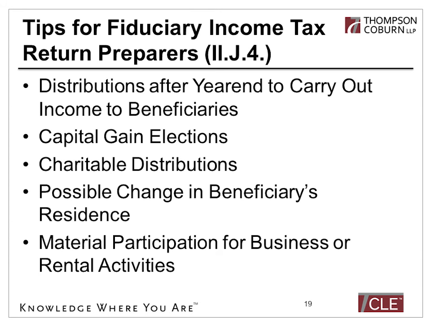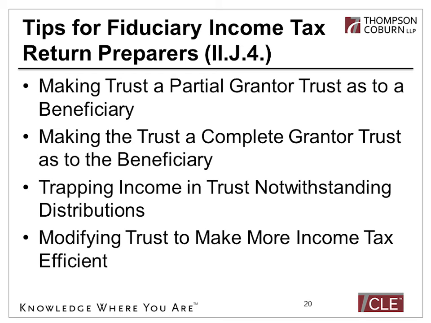Some of the strategies that we're going to discuss are distributions after year-end to carry out income to beneficiaries, capital gain elections, charitable distributions, possible change in the beneficiary's residence, as Laura mentioned about the state income tax issues, material participation for businesses or rental activities, making the trust a partial grantor trust as to a beneficiary, making the trust a complete grantor trust as to the beneficiary, the ability to trap income in a trust notwithstanding distributions, which might be surprising to some people, maybe many people, and also maybe modifying a trust to make it more income tax efficient.